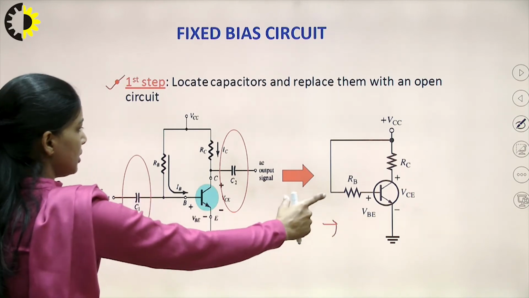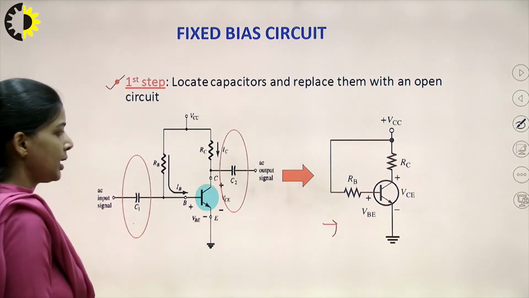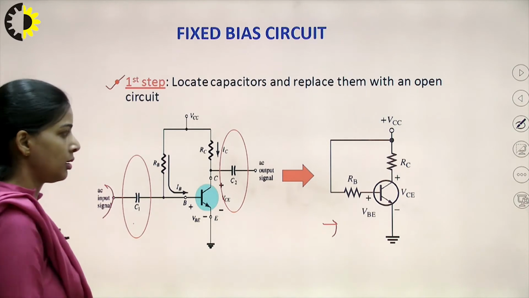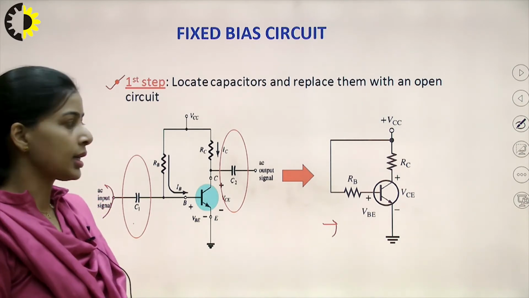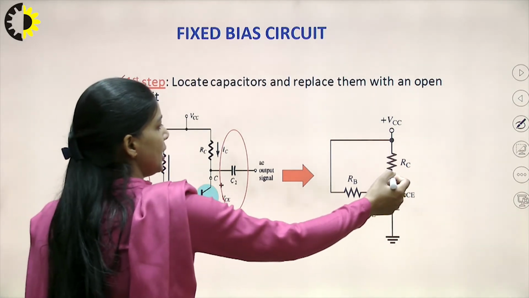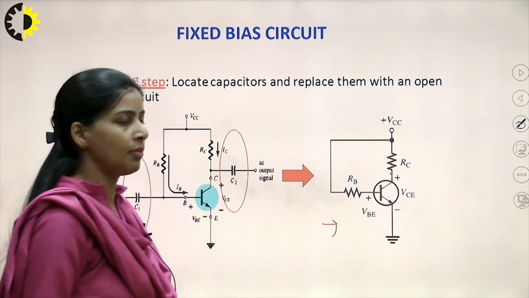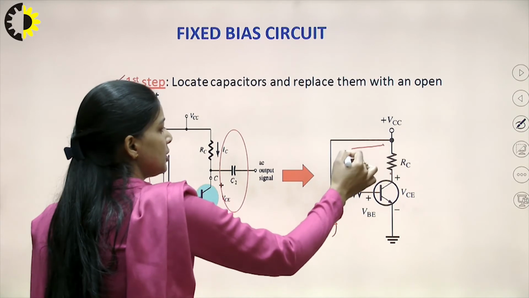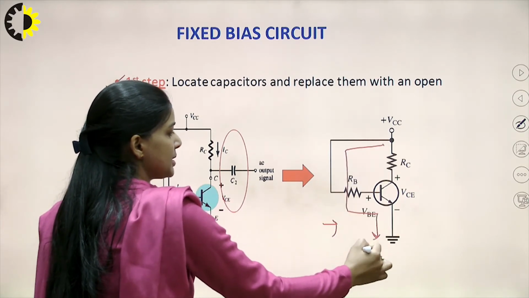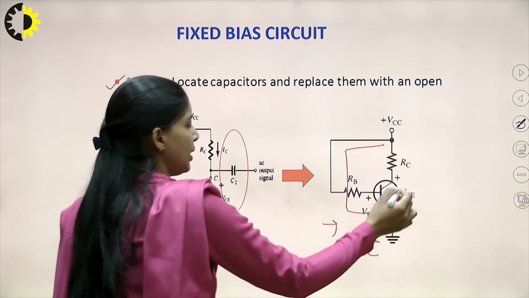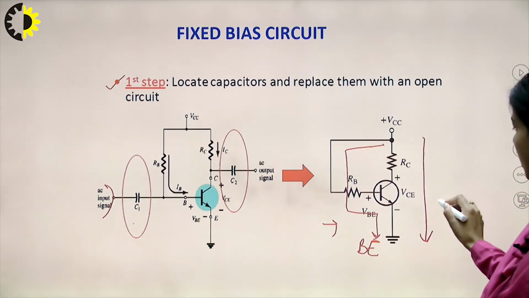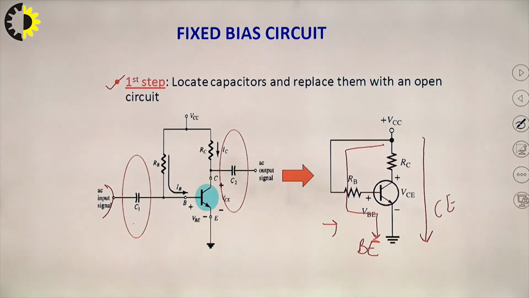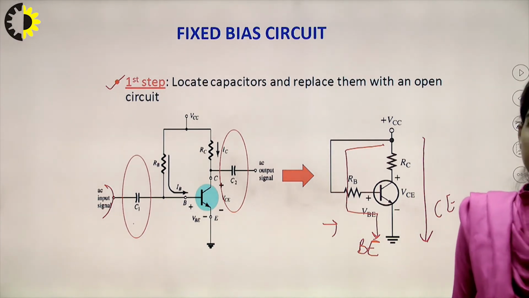RB is there, and the capacitor has been replaced by an open circuit, so it will not be connected to the circuit, and similarly here the capacitor is made an open circuit. Now, we have two loops. This is the base emitter loop from the input side and this is the collector emitter loop from the output side. So, we will write the equation for both the loops separately.